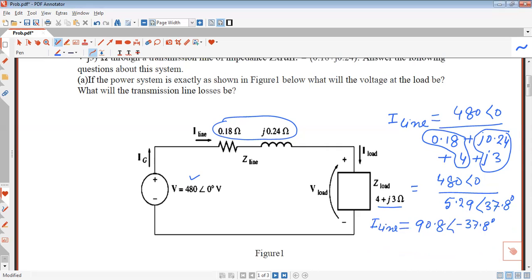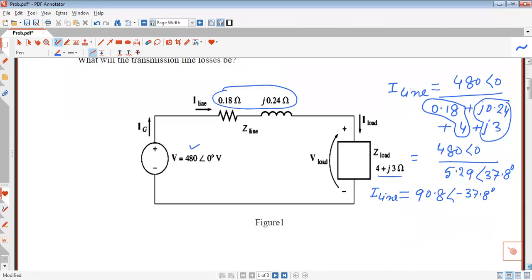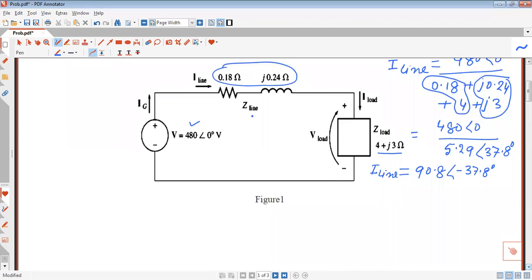So now we have to find the voltage at the load. To find the voltage at the load, we write V at load equal to the line current multiplied by the impedance of the load, simply Ohm's law.